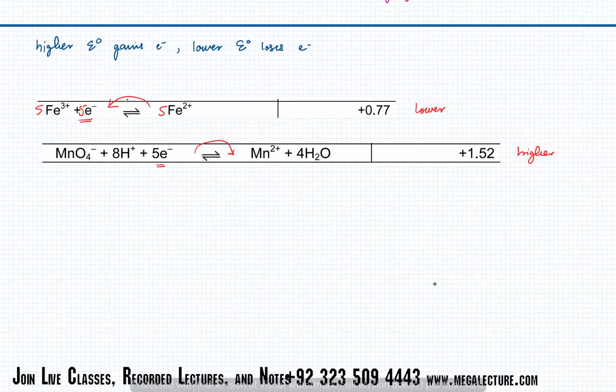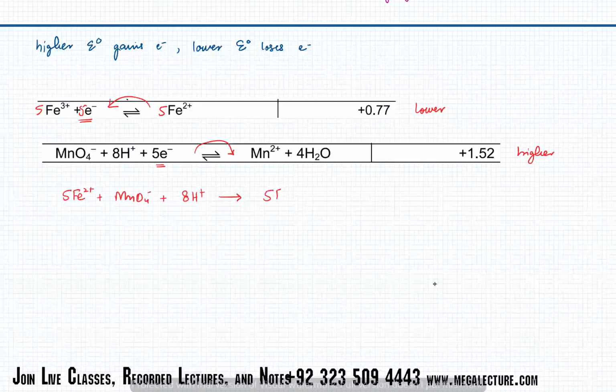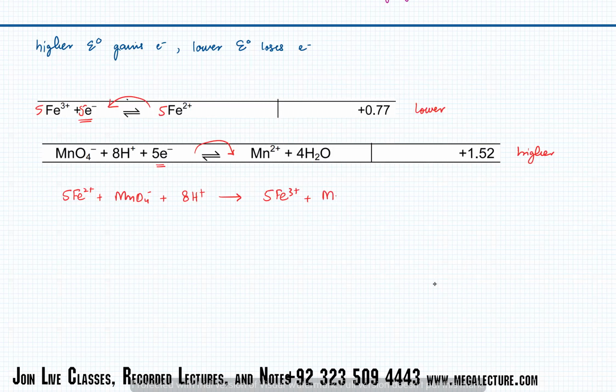So the reactants in the first one are 5 Fe2+. In the second one, the reactant is MnO4- plus 8H+. And then you have your products. In the first one, the product is 5 Fe3+. And the product in the second reaction is Mn2+ plus 4H2O.